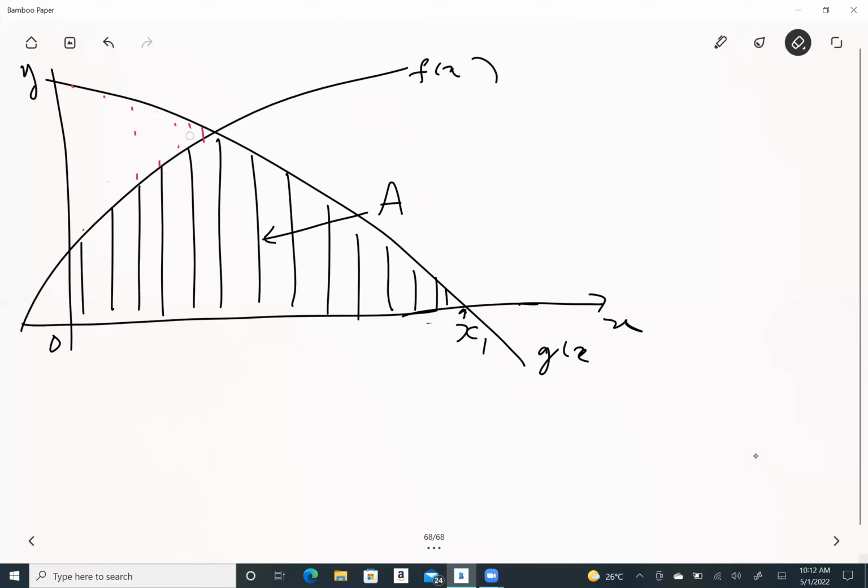What is the other function that is involved in that area? Area under g of x, right, it's part of it. True, but there is only one part. What is the other area that you need?